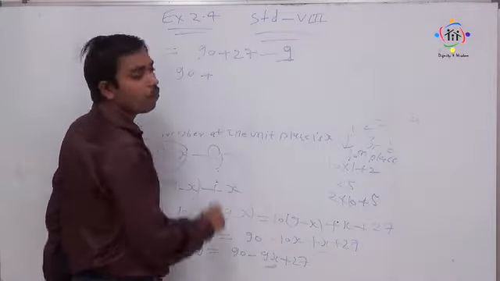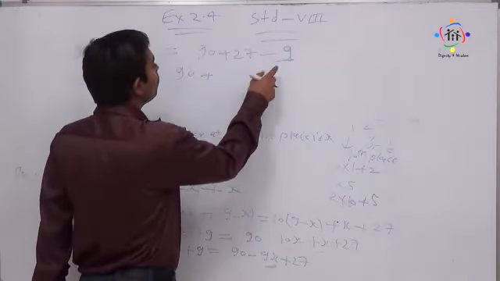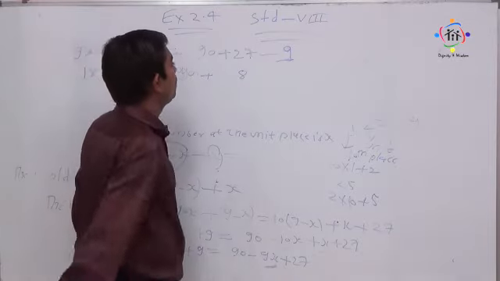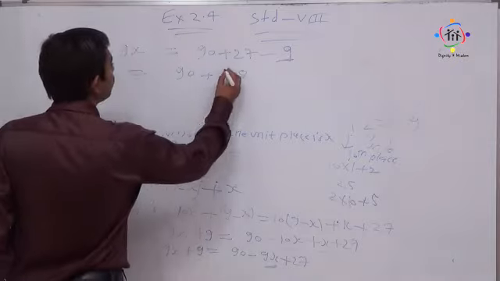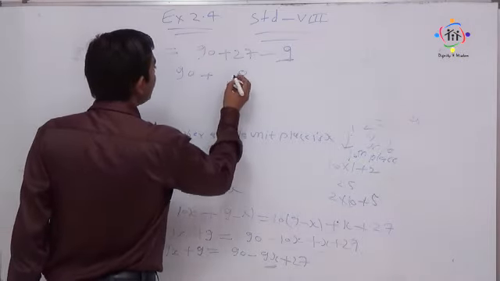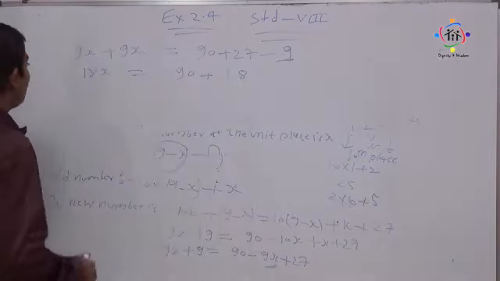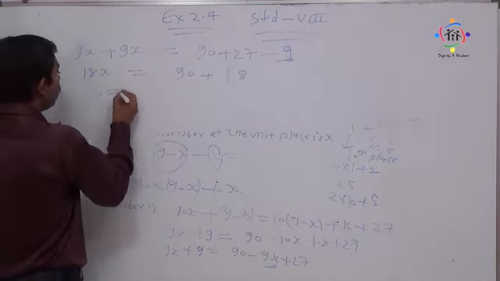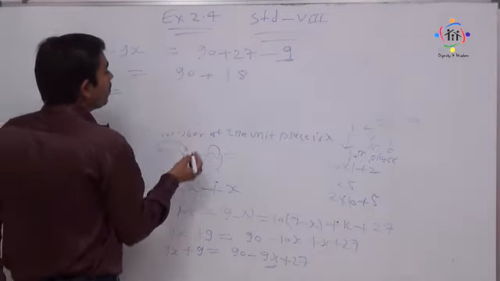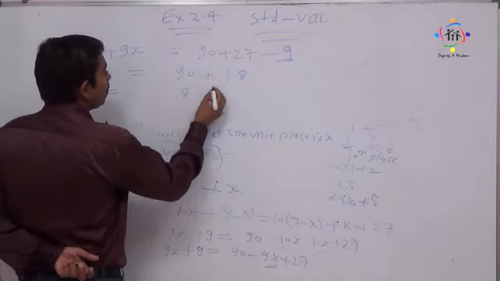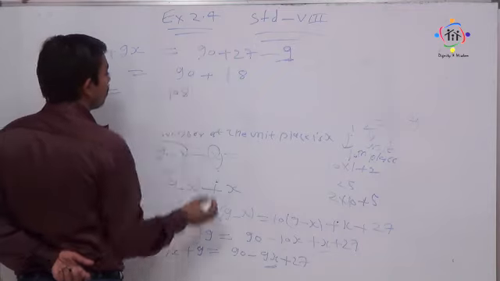Now see, both have opposite signs. Let's do subtraction. 20 minus 9... 8. Here what remains? 1. 18. Okay, is it clear? This is 18. So 18x is equal to 90 plus 18.